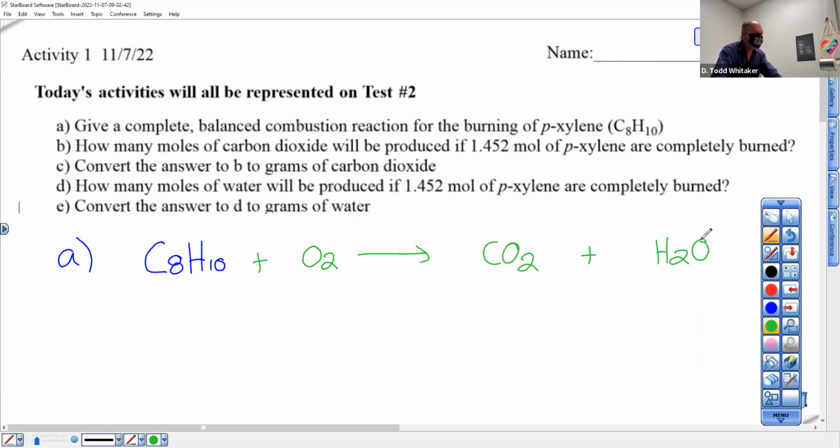So talk to me about, if you start with carbon, what you want to do. Balance out the carbon. I was trying to direct this young man to an activity right in front of him. All right. So how do you balance out the carbon? I put a 2 in front of C8H10 on the left.